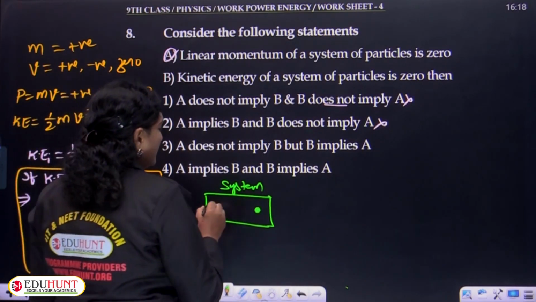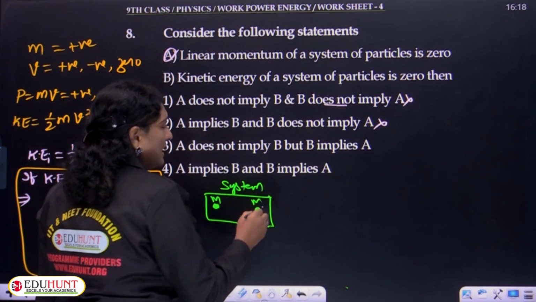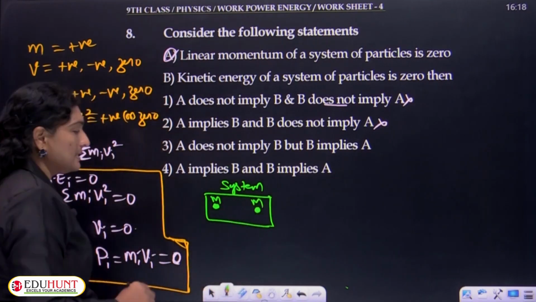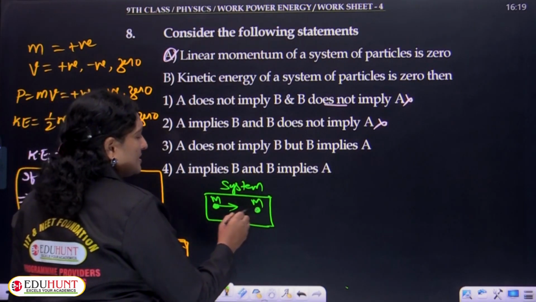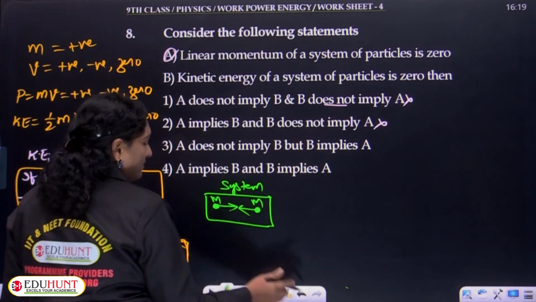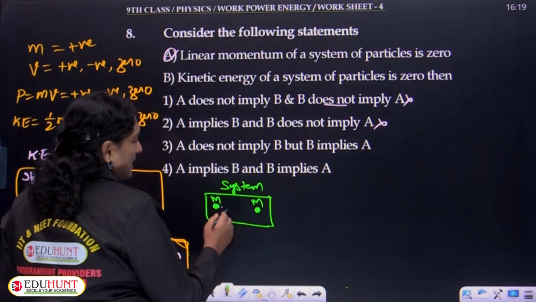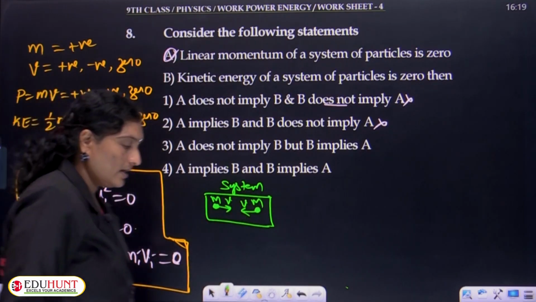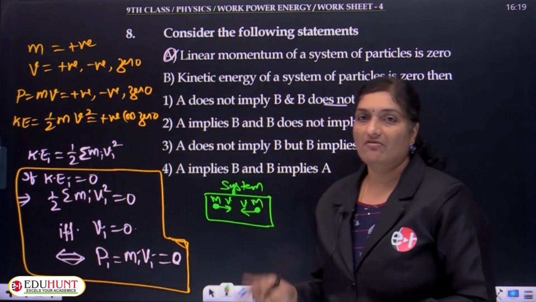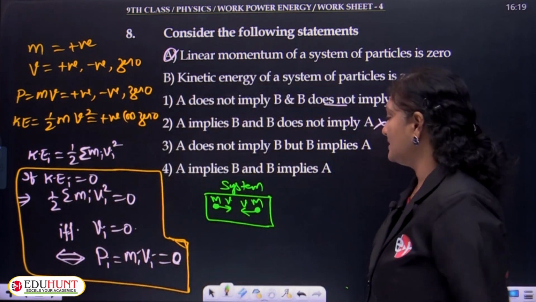Let us suppose these two particles have equal masses, but one is traveling in the forward direction, whereas the other is traveling in the backward direction, both with the same velocity V.